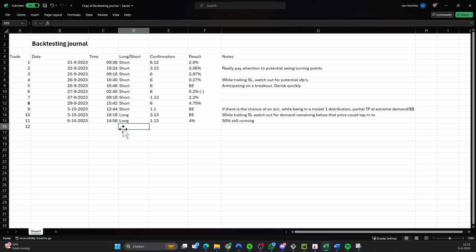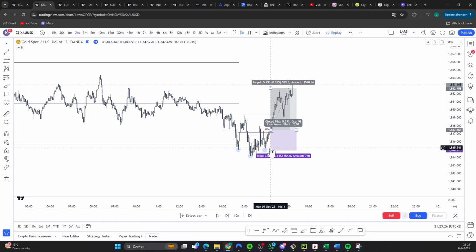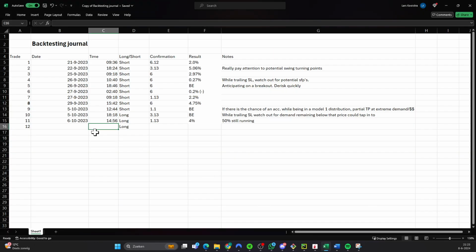Okay, so how we're going to note this down is it's trade number 12. It's a long. Now we're only longing. It's 16:14, the 9th of October, 2023. Confirmation is 3.1. Let me see.